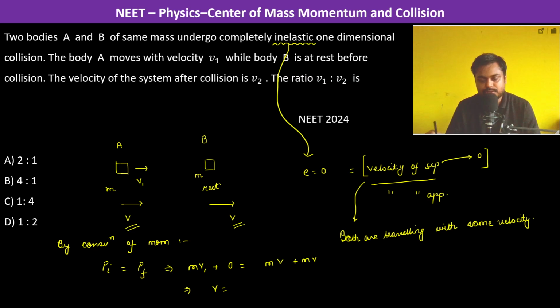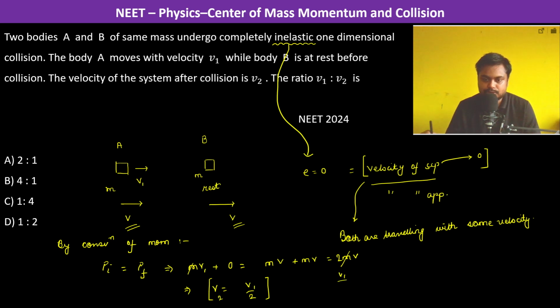So therefore v is equal to v1 by 2, because this is 2mv and m gets cancelled, so v equals v1 by 2.